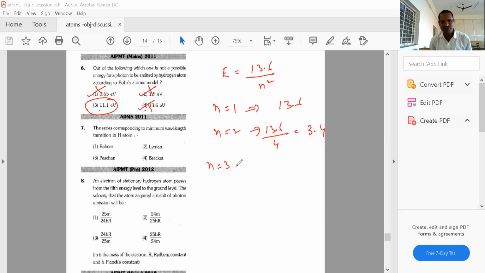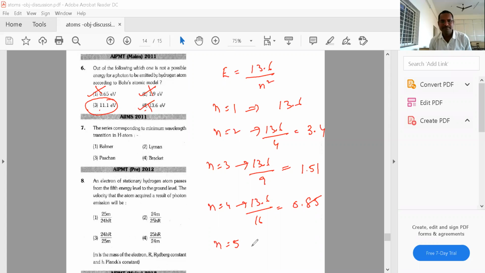If you keep n equal to 3, you will get 13.6 divided by 9, that is 1.51. Next, n is equal to 4, 13.6 divided by 16 is 0.85.